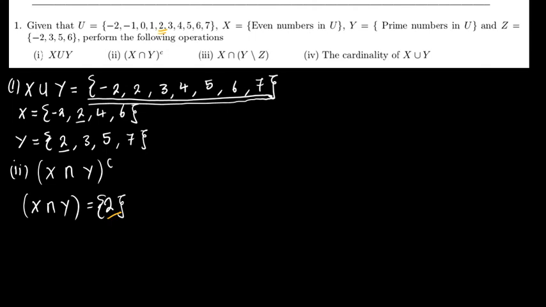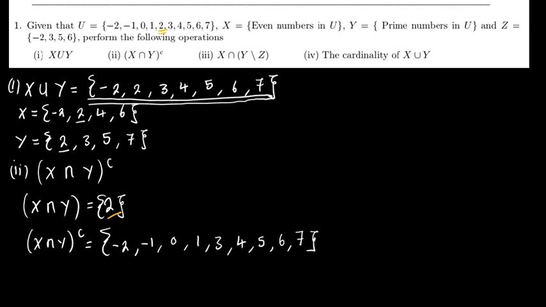So in this case, our X intersection Y complement is all the members in the union set except 2. So we have -2, we have -1, we have 0, we have 1, we have 3, we have 4, we have 5, we have 6, we have 7, and this happens to be our final answer.